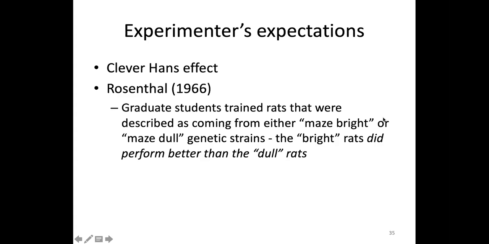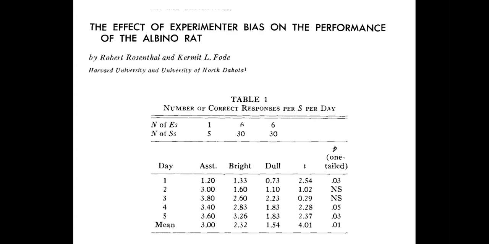And what is found in that study is that, in fact, bright rats did perform better than the dull rats. However, in that study, the actual subjects were the experimenters. In fact, the rats were the same, so there was no difference in the rats. They were not coming from different genetic strains.